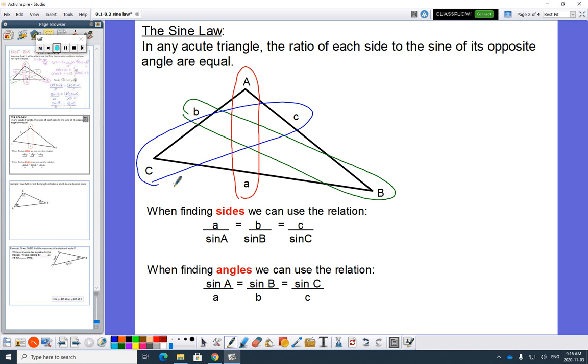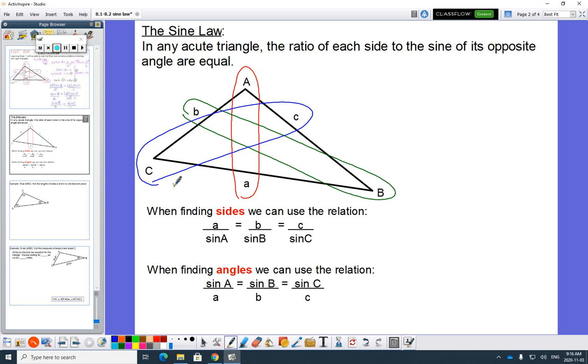Generally speaking, whether it's a word problem or the question just says solve the triangle, you should try to use the sine law first, okay? It's a little bit easier, a little bit more straightforward than the cosine law, but you need to have one full ratio.